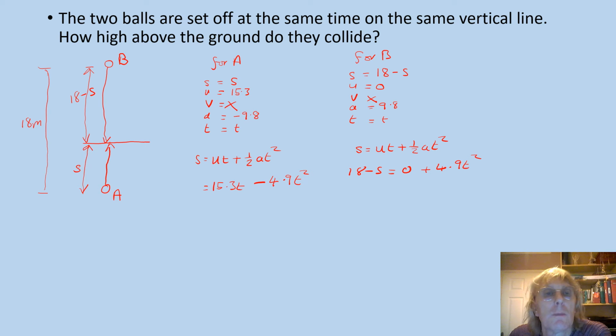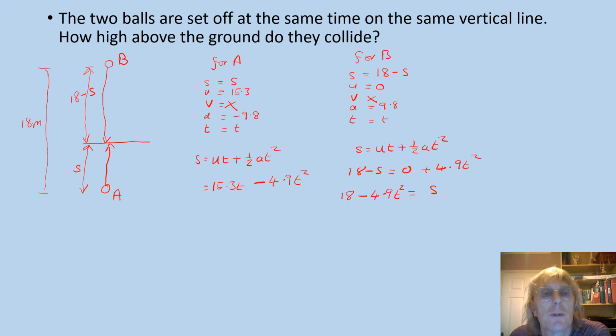Now I can rearrange this because I want to get S on its own. I'm going to have to add S to both sides, and I'm going to take away 4.9T squared from both sides. So I'm going to have 18 minus 4.9T squared equals S.